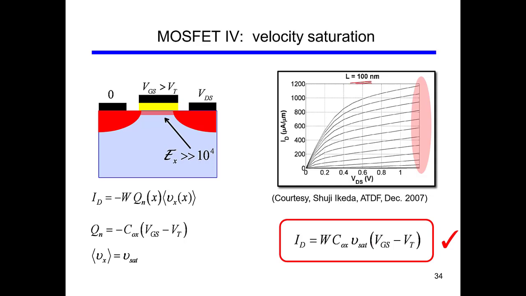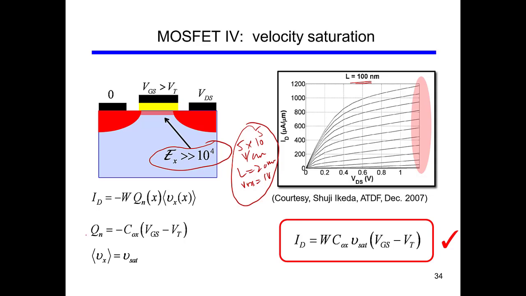This is, for example, the characteristic curve for a 100 nanometer transistor, and if I want to derive the equation, you see that the electric field is greater than 10^4. It was 10^5 volts per centimeter for L equal to 20 nanometers and VDS equal to 1 volt, which we calculated on the previous slide. The electric field is very strong and constant because the channel is very short.